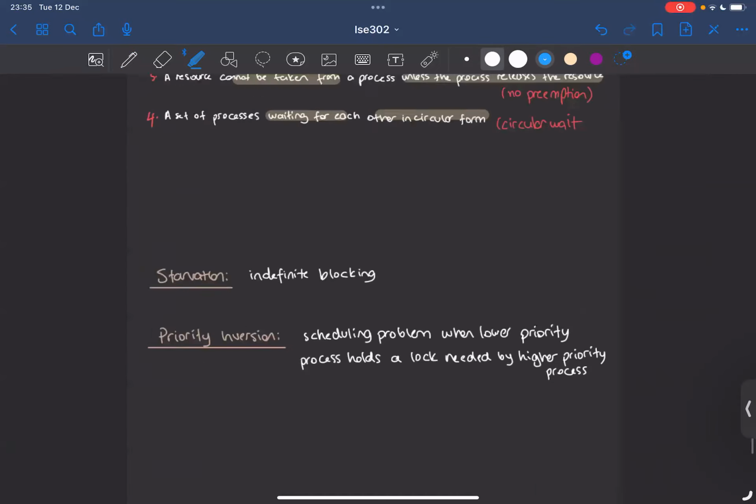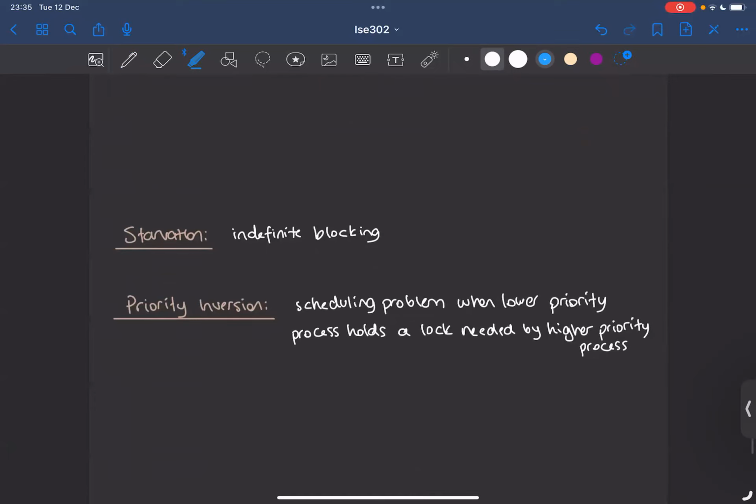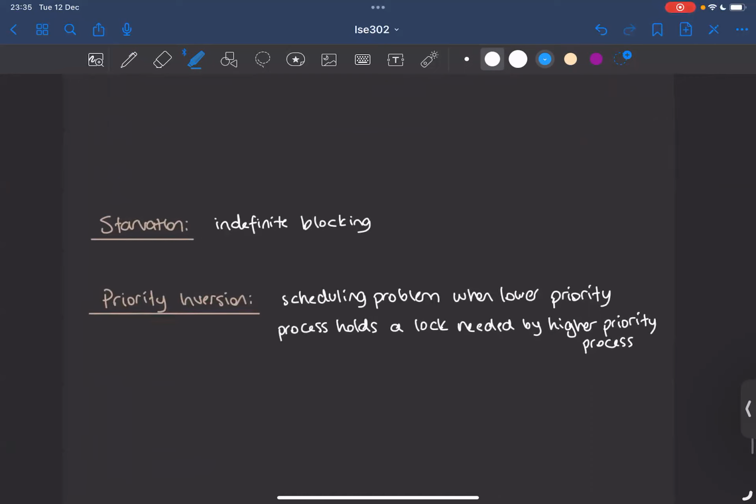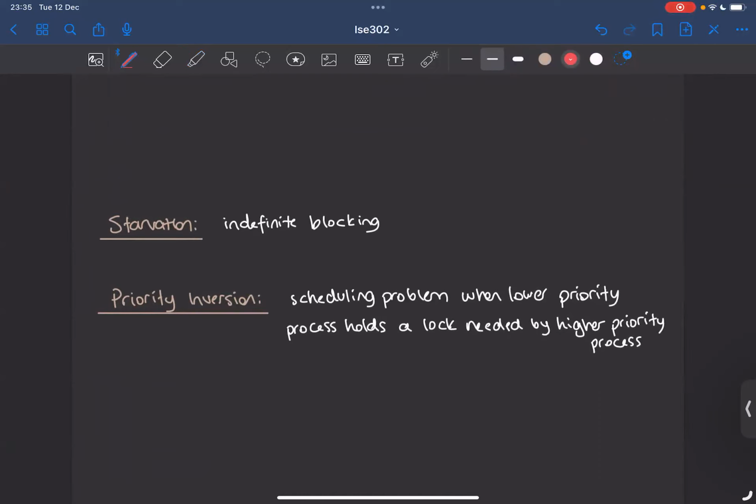I also want to define two concepts before moving on to the deadlock avoidance and detection part. Firstly, starvation is a situation where a process may be indefinitely blocked. This occurs when a process is waiting for a resource and is never removed from the semaphore queue, especially in scenarios where last in, first out queuing is employed.